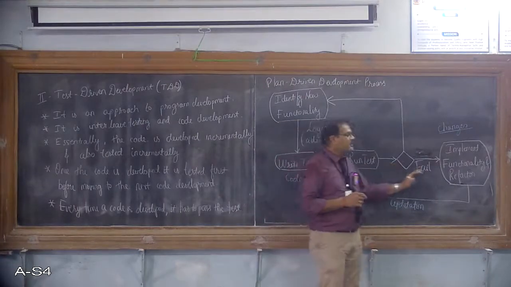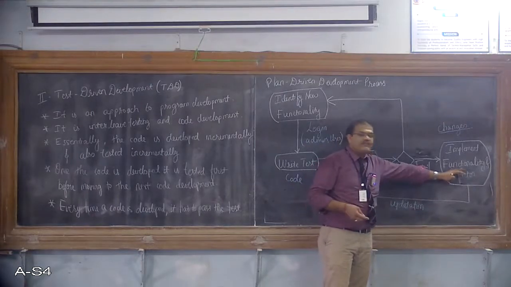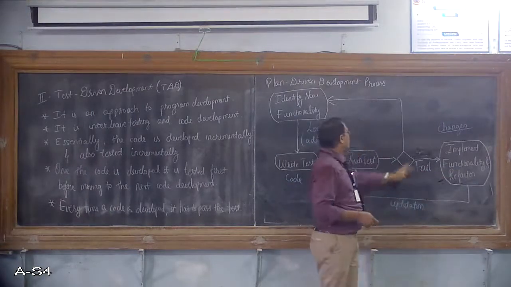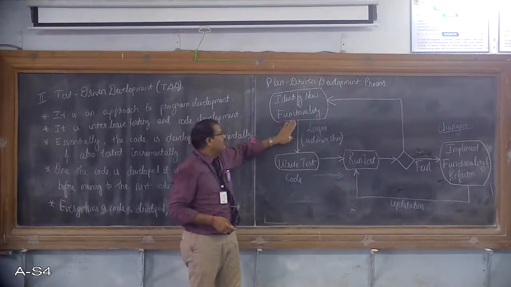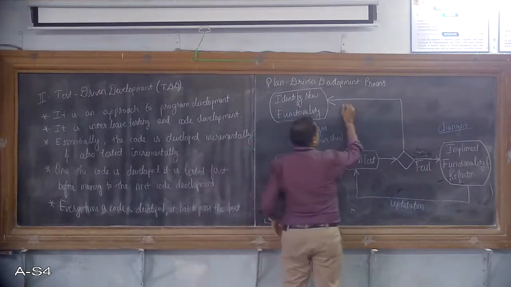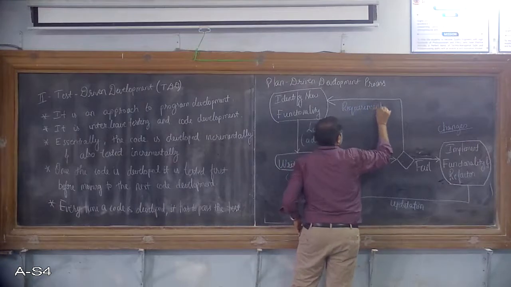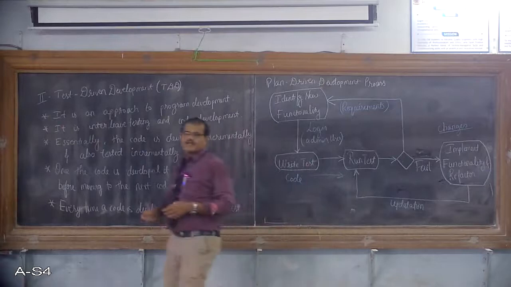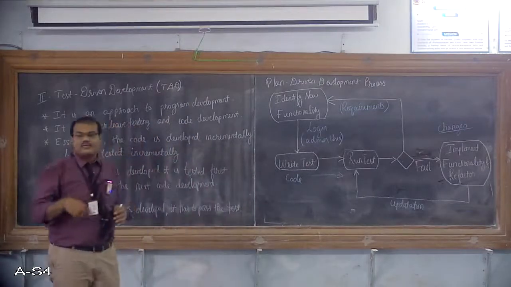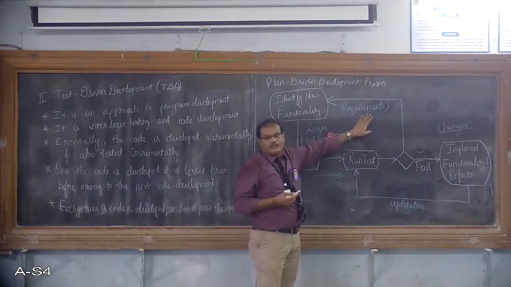Now assume that my test fails even after doing the refactorization, meaning doing the update. Then what do I have to do? I have to find out what has gone wrong with my functionalities. This can be the requirements that are being considered, which I have to reconsider, so that I make changes in my functionalities again or consider new functionalities.